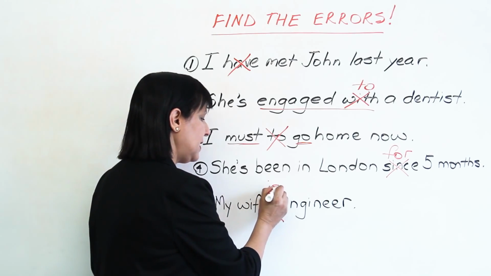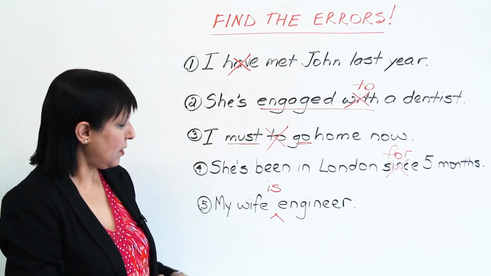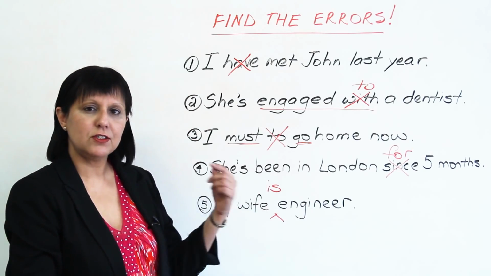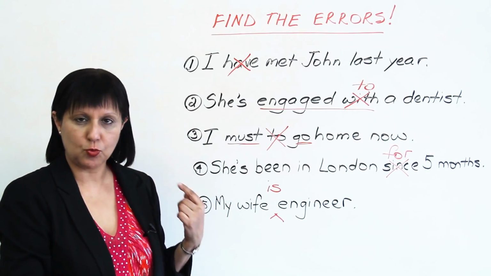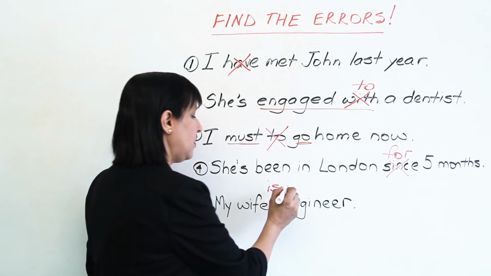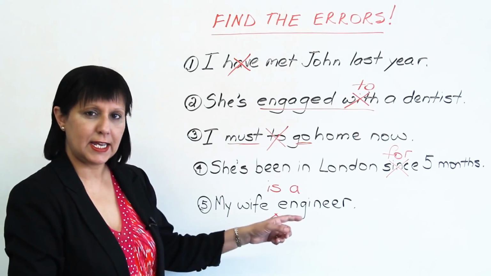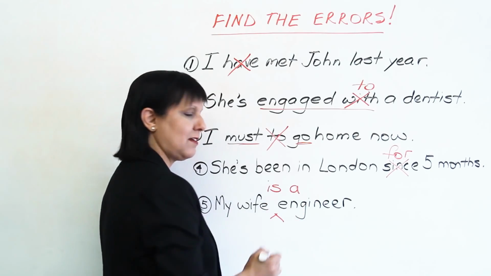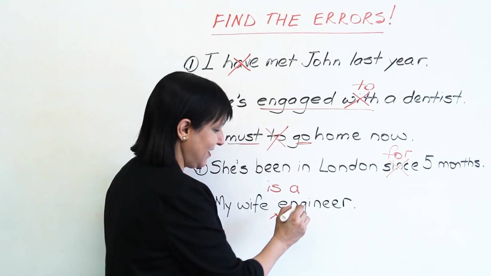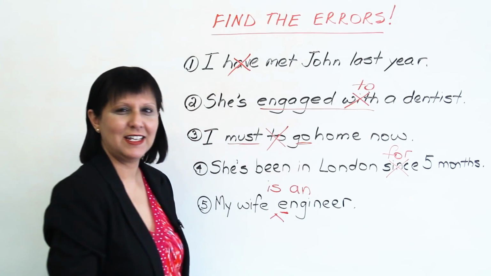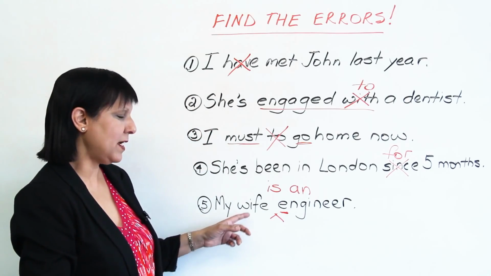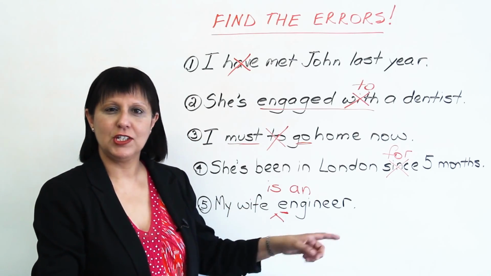My wife is. But now, because engineer is only singular, it's one person, so we need to add the indefinite article a. But it's not a, because there's an e here. So we actually need to add an. My wife is an engineer.